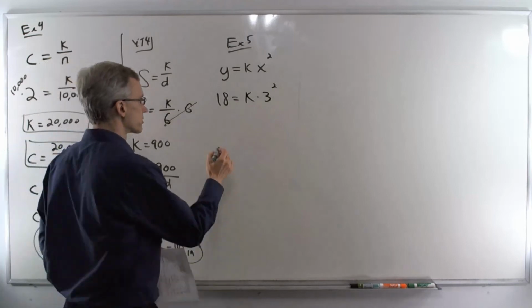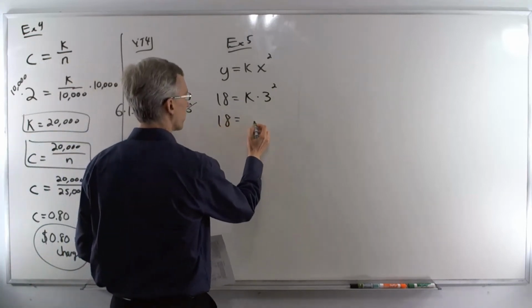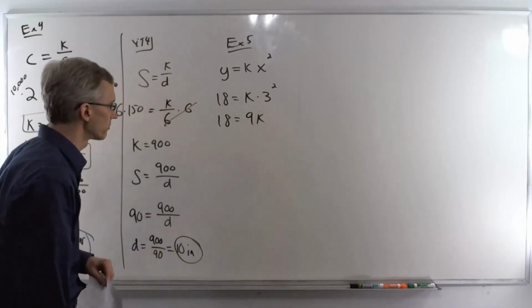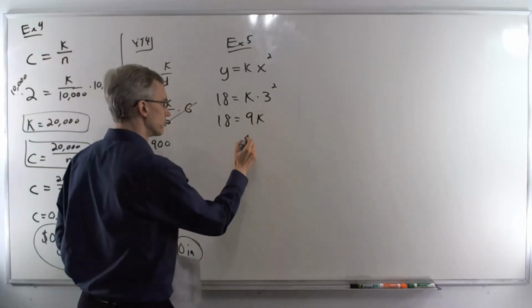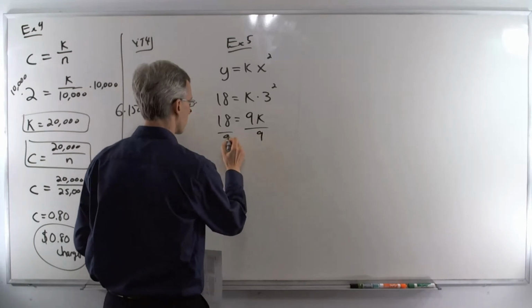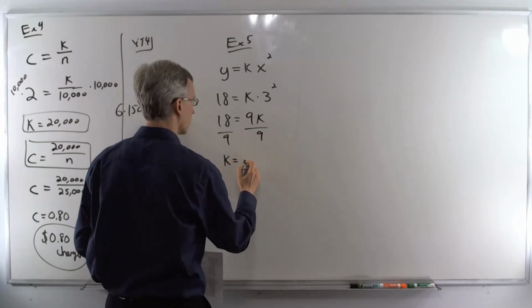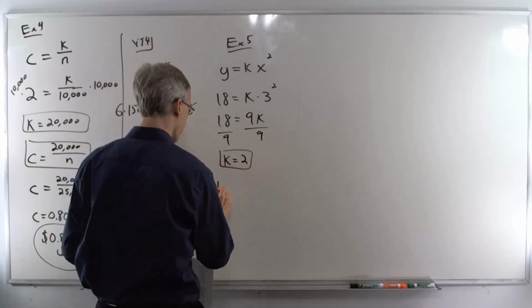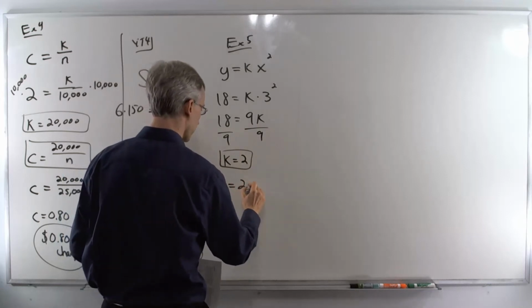All right, now we got one more step on this one. We're going to evaluate 3 squared, so that's 9. So 9k on the right. Then divide by 2. And k is 2. And that makes the equation of variation y equals 2x squared.